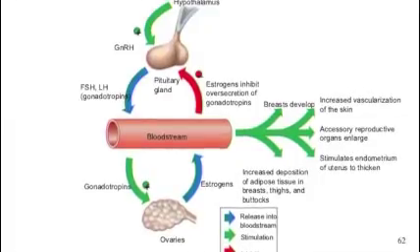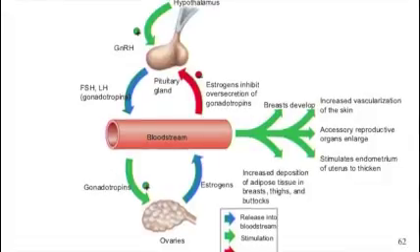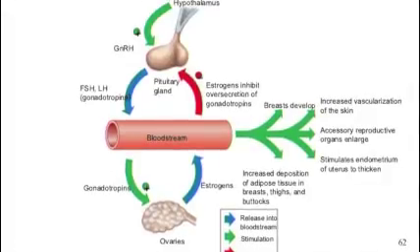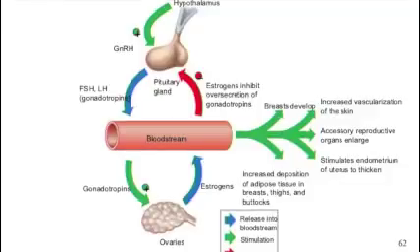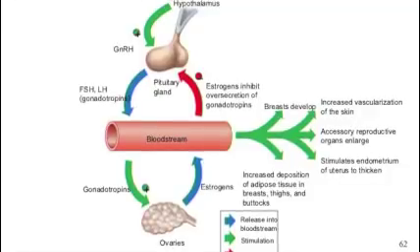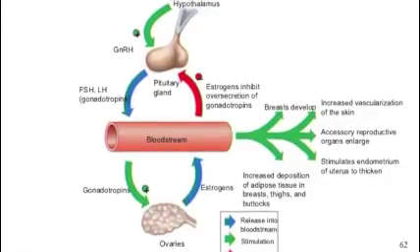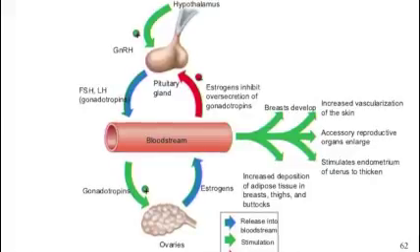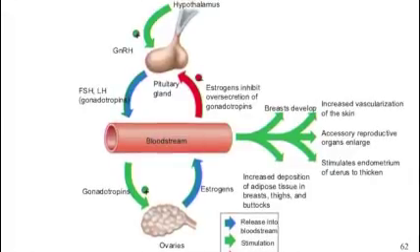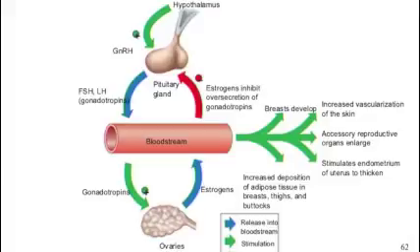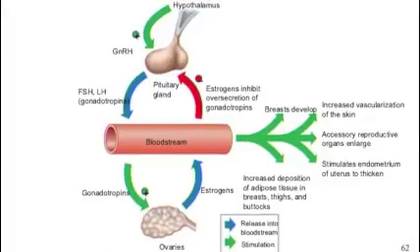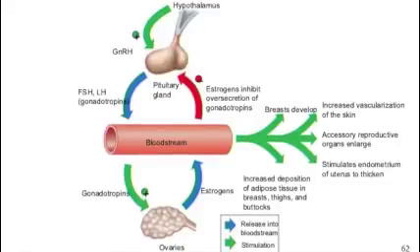Estrogen also develops and maintains the female secondary sex characteristics. The ovaries are also the primary source of progesterone. This hormone promotes changes in the uterus during the female reproductive cycle, affects the mammary glands, and helps regulate the secretion of gonadotropins from the anterior pituitary.